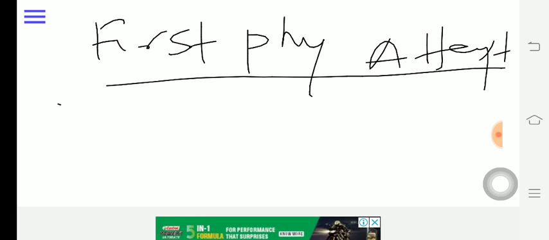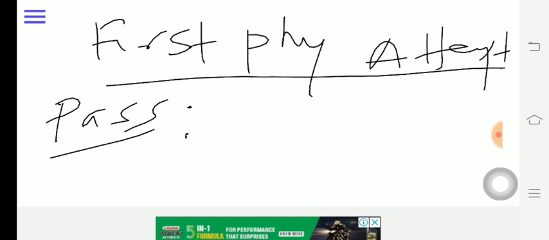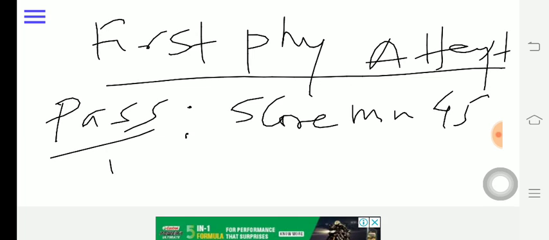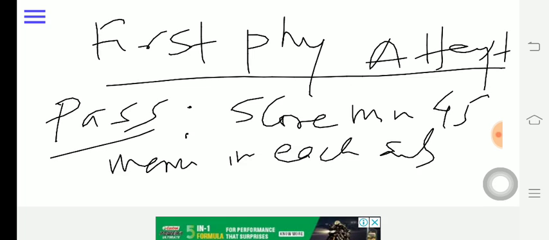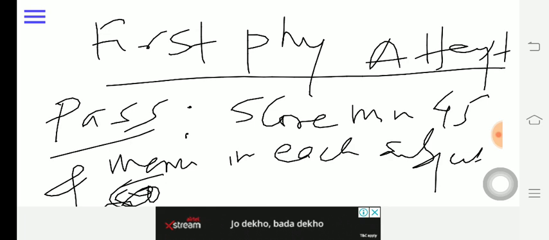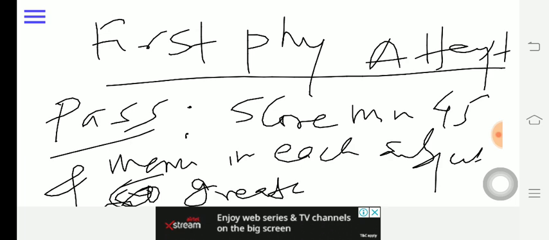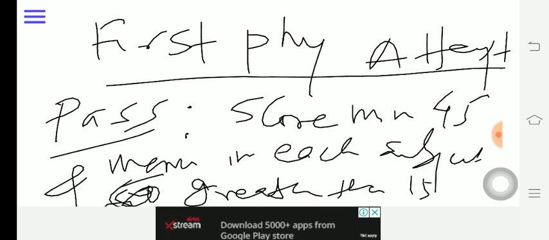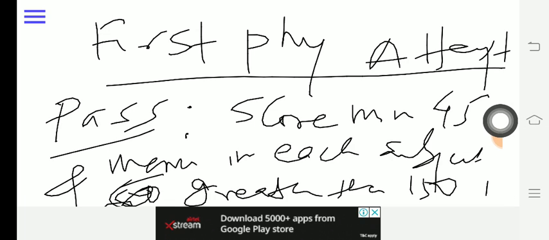In this case, for getting a pass, the clear fundamental for each paper is that you will have to score minimum 45 marks in each subject and greater than 150 in total.